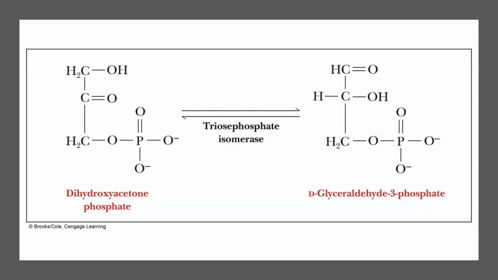Now we take that DHAP and we isomerize it to another GAP molecule. So simply by rearranging the atoms on dihydroxyacetone phosphate, we can convert that into glyceraldehyde 3-phosphate. This sets us up for parallel reactions.